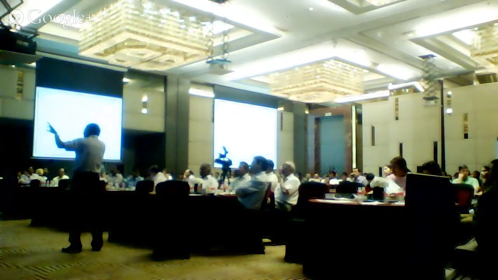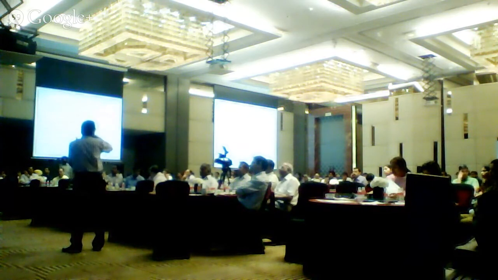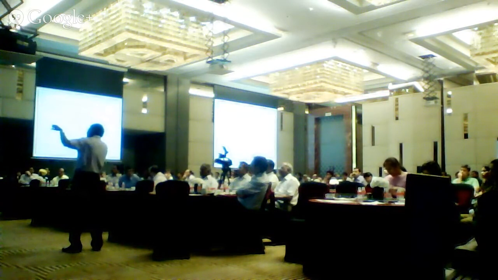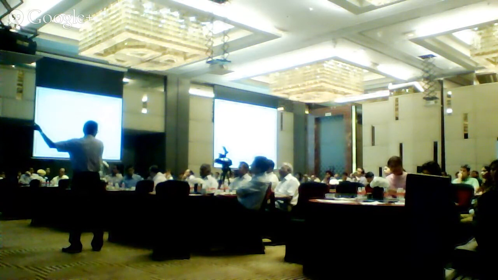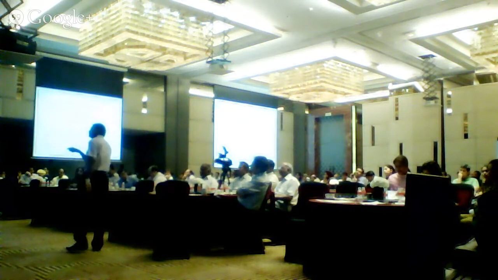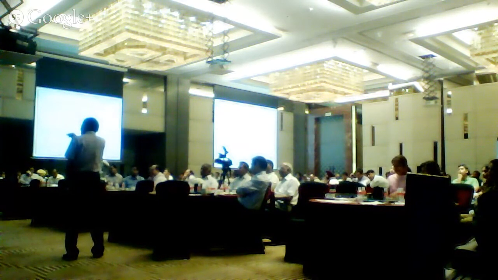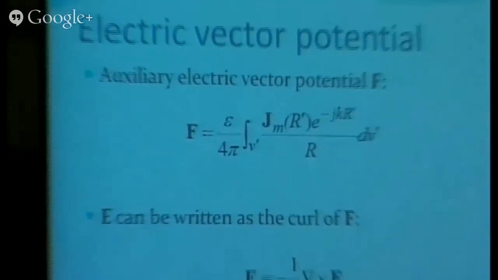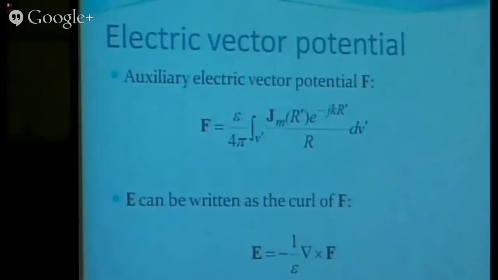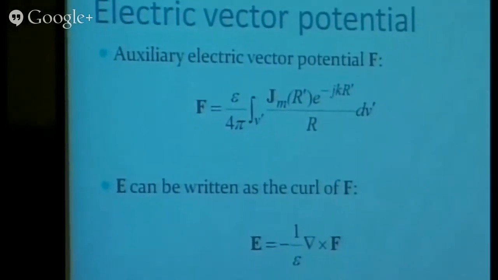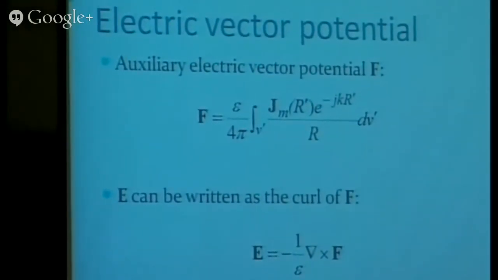If you compare this equation with that for A, they are easily found to be analogous to each other. What we need to do is start from Maxwell's equations with magnetic sources. And the way we wrote B as curl of A earlier, we can write B as curl of F, the way we did for the electrical system.